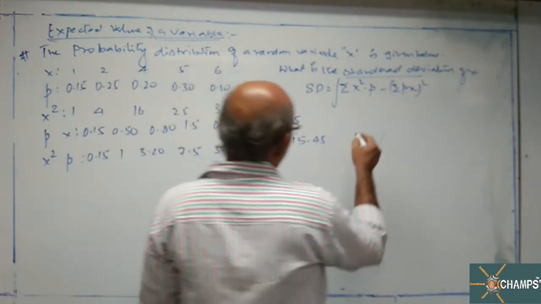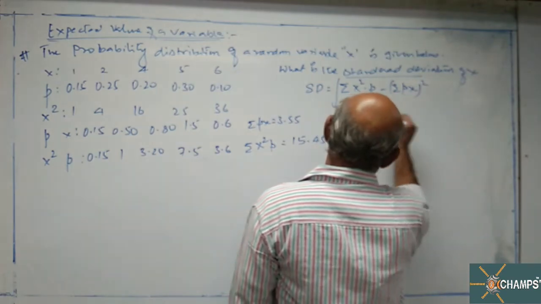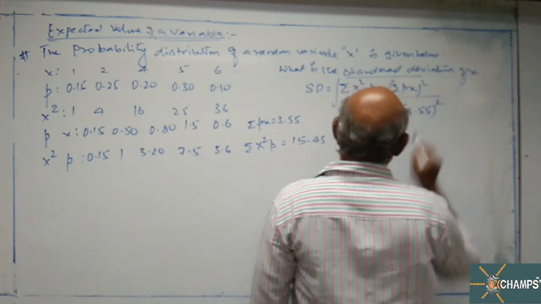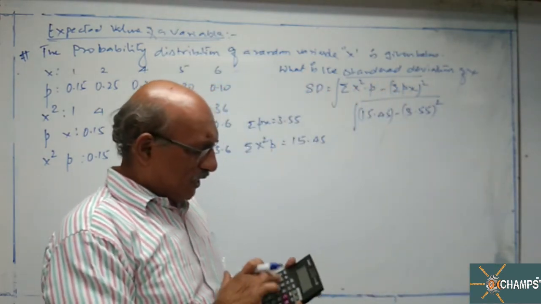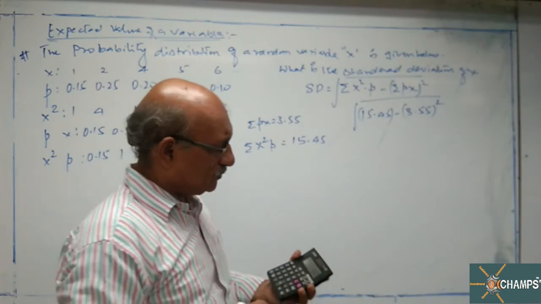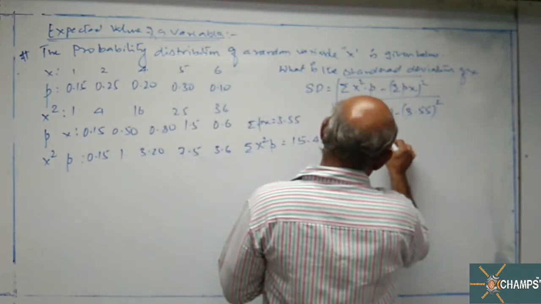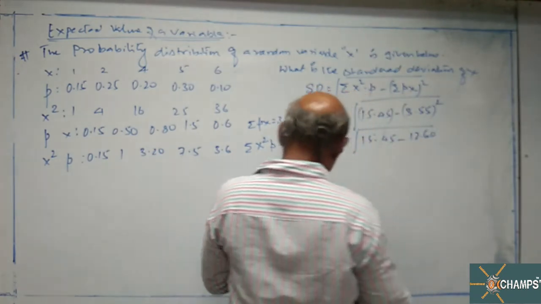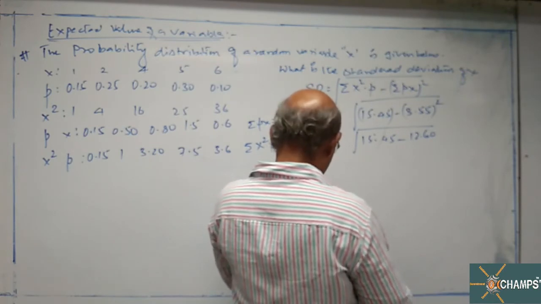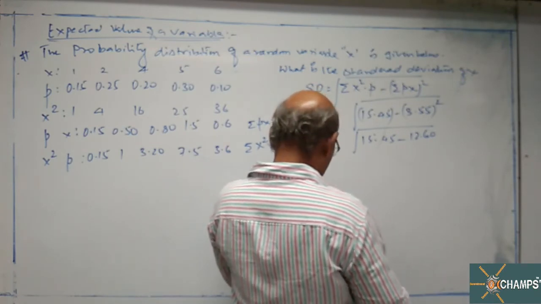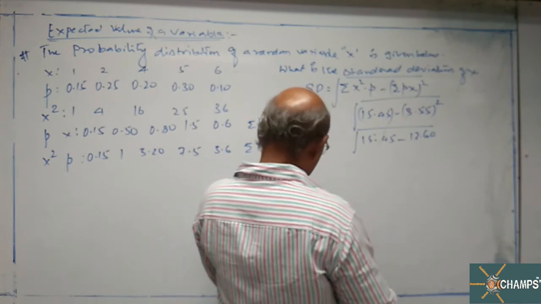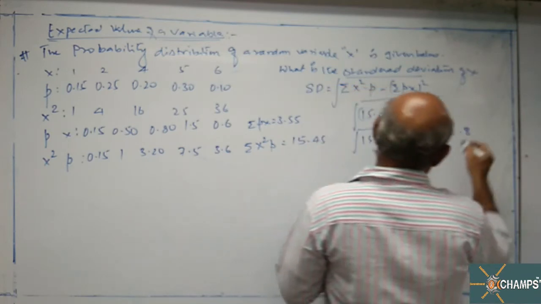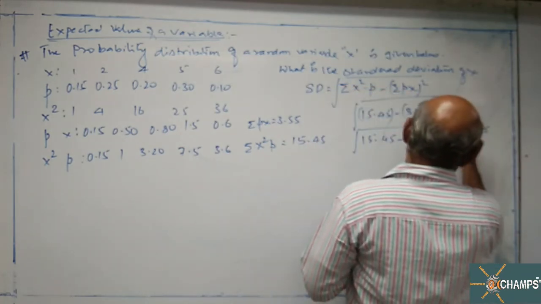Now if I substitute here, it is the square root of 15.45 minus 3.55 whole square. 3.55 squared is 12.60, so 15.45 minus 12.60 is 2.85 under root.